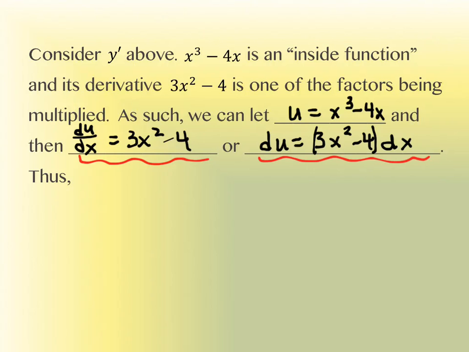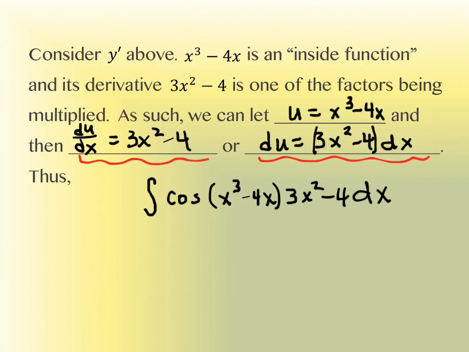I multiplied by dx on both sides. So I want to show you how this actually works in practice. If we started with an integral of cosine of x cubed minus 4x times 3x squared minus 4 dx, that's what it would have looked like. That's the entire derivative that we created just a moment ago, put in there with the antiderivative notation surrounding it.